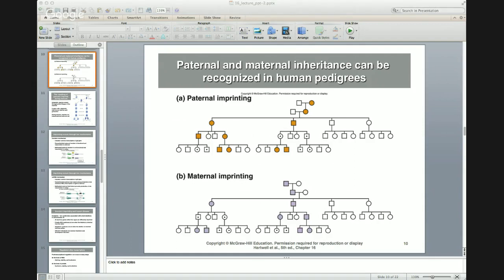A mother, although she has the disease or the mutation, it will not be expressed in her offspring. Again, imprinting is a phenomenon in which the expression of an allele depends on the parent that is transmitting it, not what is received. It is only dependent on who is doing the transmission.